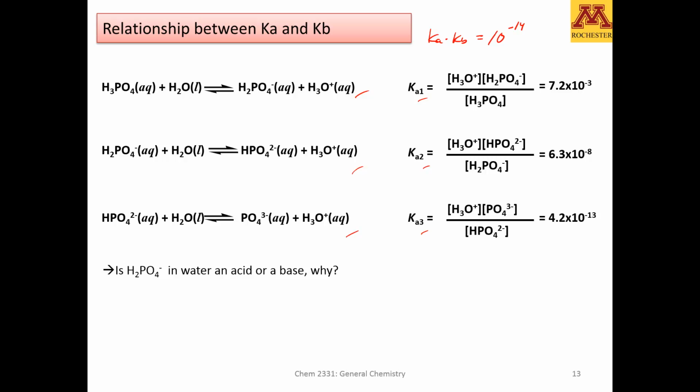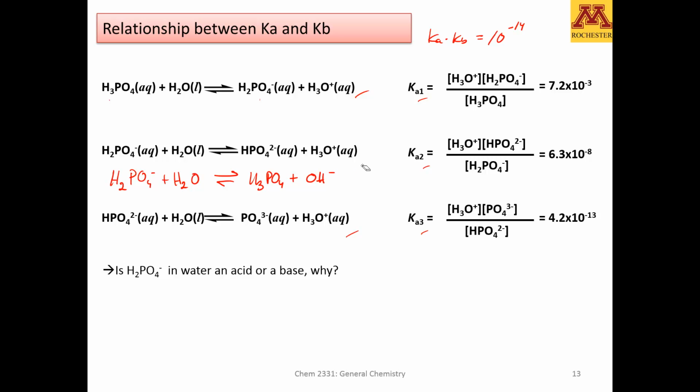However, the same way that you have an acid and a conjugate base, H2PO4, in other words the dihydrogen phosphate, can behave both like an acid or like a base. The question is, is it an acid or is it a base? In this case, I'm just writing it like an acid, but notice that H2PO4 in water could also behave like a base, accepting a proton and forming this.